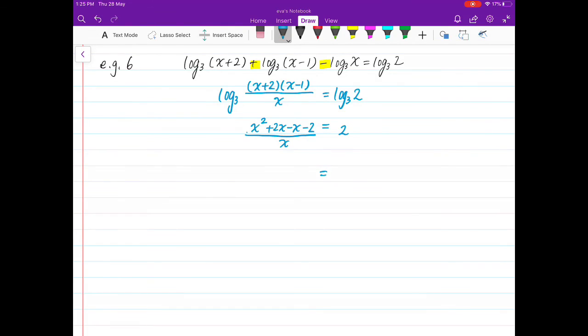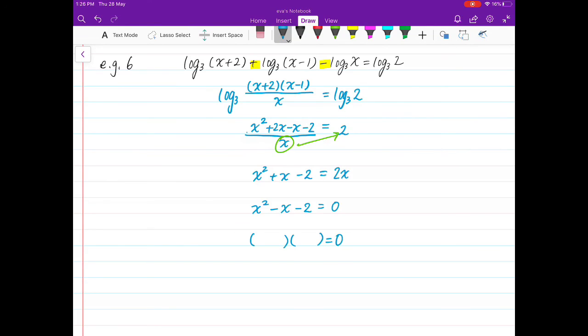Then we can move the x to the opposite side. So 2x on the right hand side and then x squared plus x minus 2 equal to 2x, and then combine them together on the left hand side. X squared minus x minus 2 equal to 0.